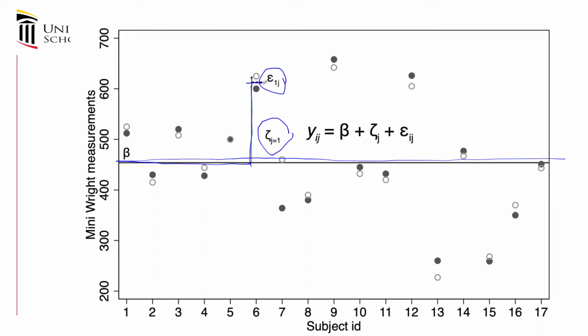And this difference between the grand mean and the group mean, the nested group mean, in this case a person, is represented by zeta. And then within person, we have a variance around the person mean, and that's represented by epsilon. And again, this combination of epsilon and zeta represents our total package of variance, but we've split it into the within and the between variance, right? Okay.